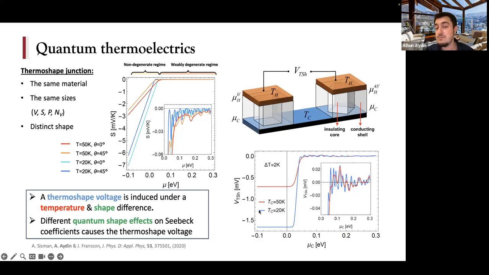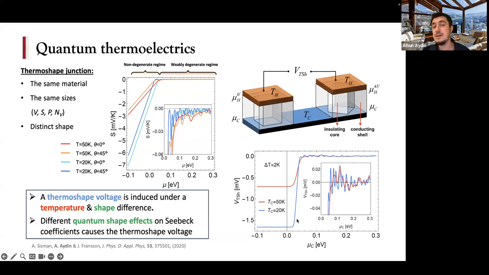Of course, this depends on many things: the temperature difference, the temperatures of the junctions, and the sizes of the junctions. But at least we have chosen some parameters which are in line with current technology capabilities. And this is the voltage result we got.